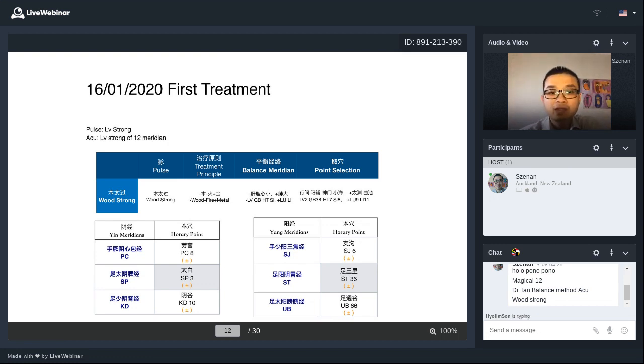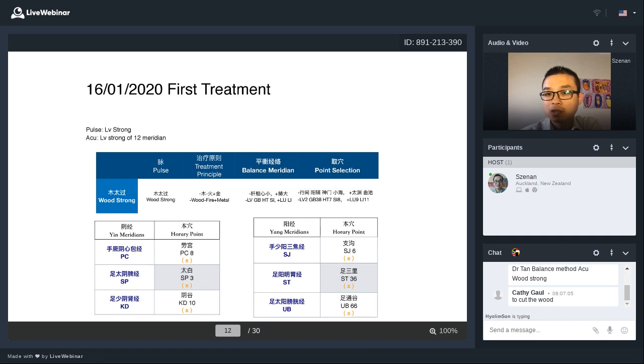So when I have this treatment principle, I have these organs: you reduce liver and gallbladder, and reduce fire, which is heart and small intestine. What is metal? Lung and large intestine, increase, and those are the points that I use.